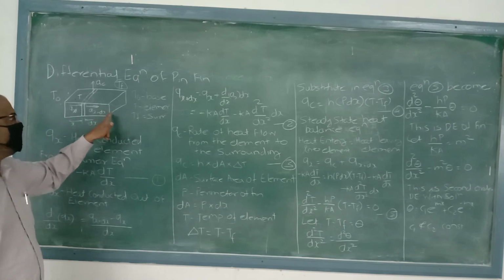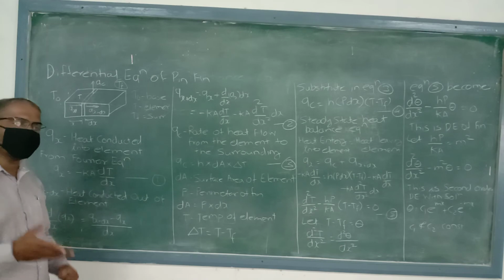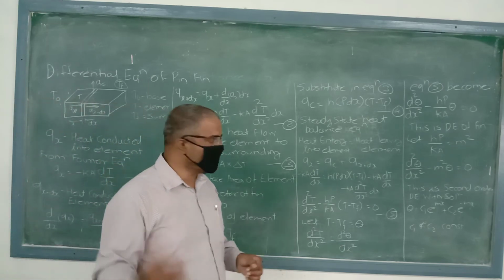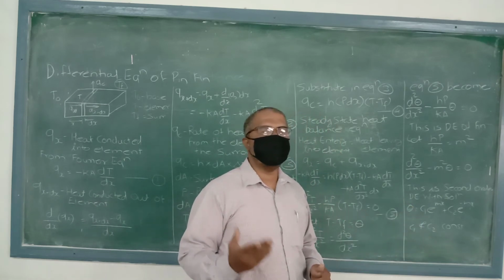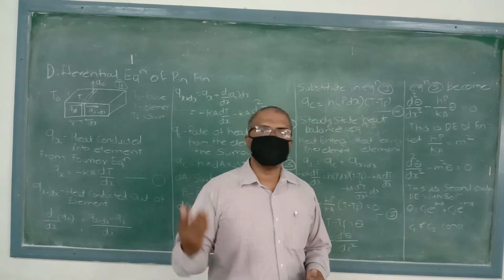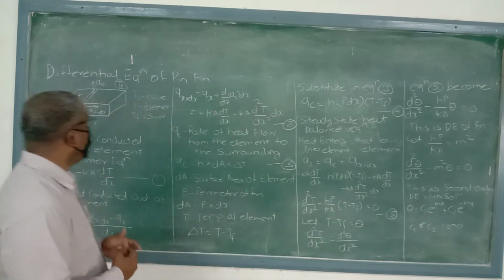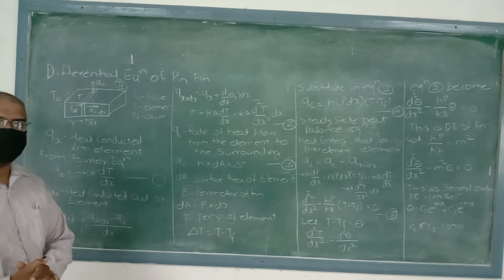At x is equal to L, whatever the temperature at the end of the fin, we can substitute these values in this equation and calculate the values of C1 and C2. So this is the differential equation of the pin fin.